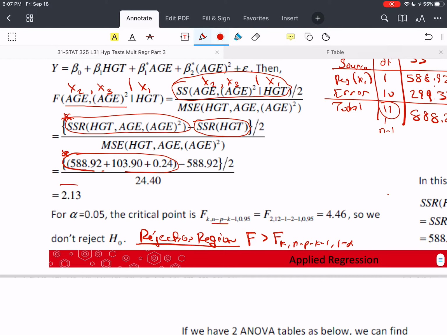So here we had 2.13, so this was 2.13 greater than, and we found 4.46 in the table. And this is not true. So do not reject H naught.